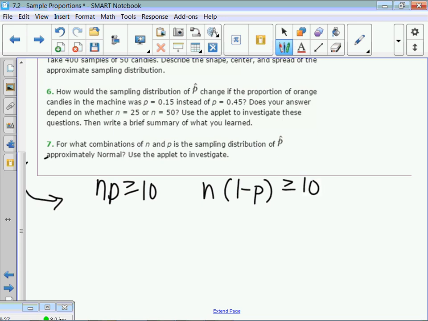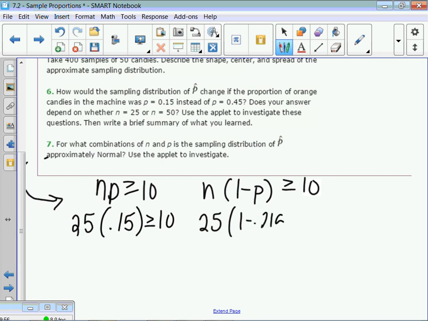All right? So if you don't have greater than or equal to 10, you're not necessarily going to have a normal distribution, which would be a symmetric bell curve. So when n was 25 and my proportion of orange candies was 0.15, we don't get a big enough number to make it normal, okay? And then we would have also had to check n times 1 minus 0.15.